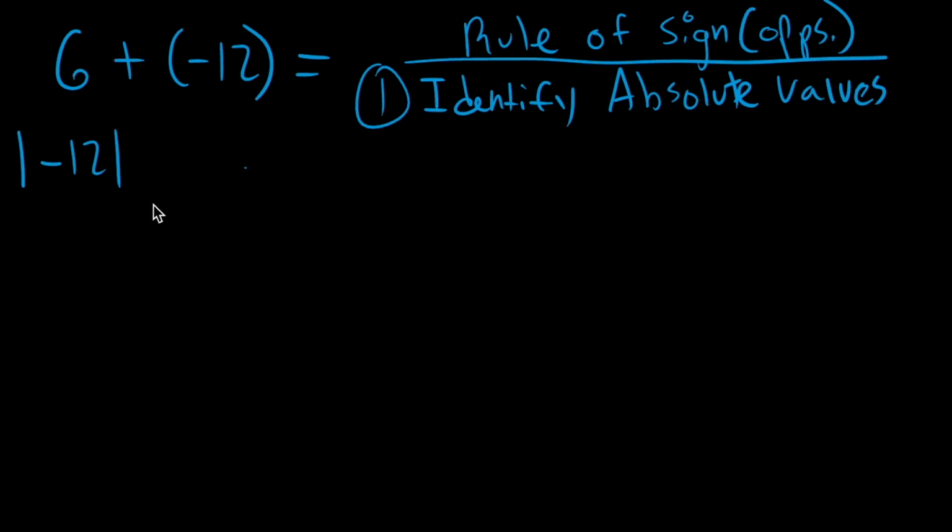So the absolute value of -12 will tell us the distance away from 0. What I mean by that is, let me go ahead and draw the number line.